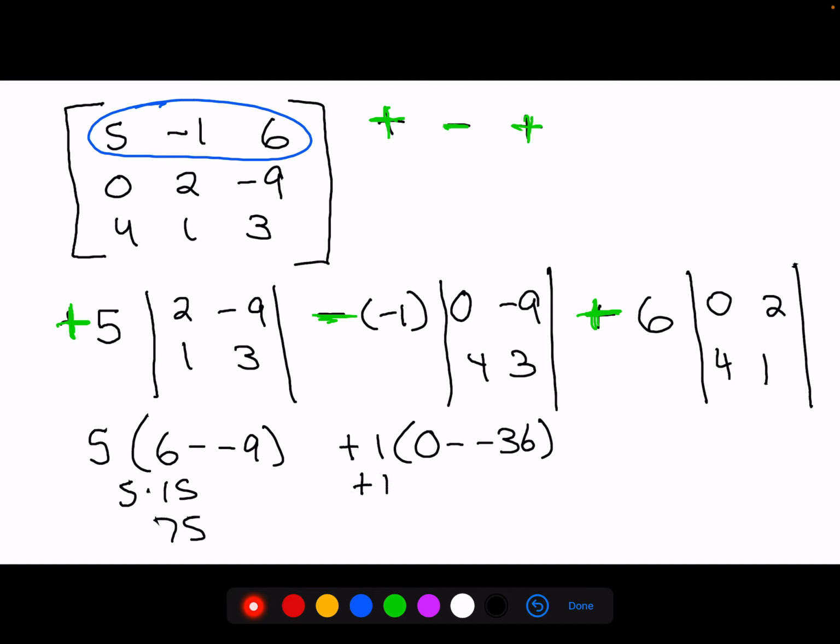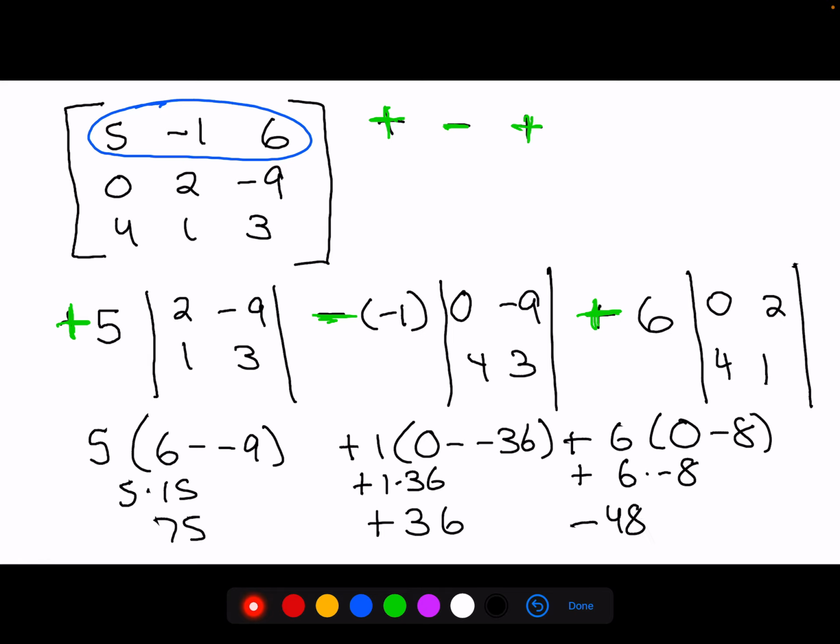So that's plus 1 times 36, so that's plus 36. And then plus 6 times 0 minus 8, so plus 6 times negative 8, so minus 48. When you combine those, 75 plus 36 is 111, and 111 minus 48 is 63.